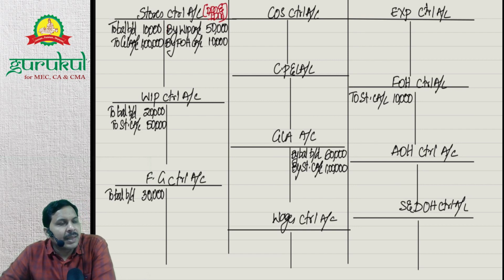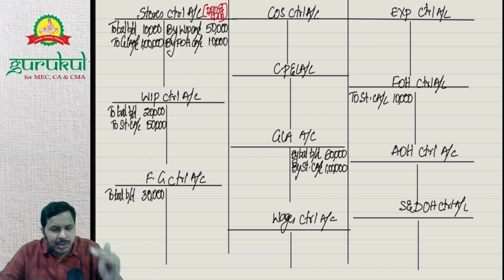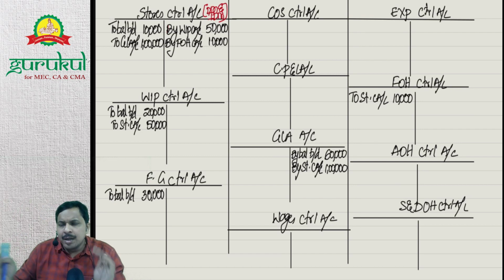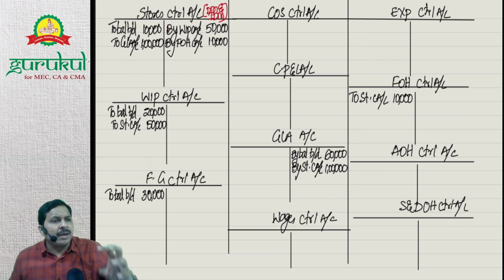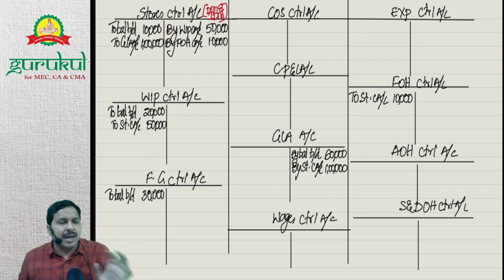Next, indirect materials issued to office, administrative overheads. Now what should happen? Adjustment. Stock should reduce from stores, and it should be transferred to administration overhead. Now tell me, what is the entry? Administration overheads control account debit to stores control account.